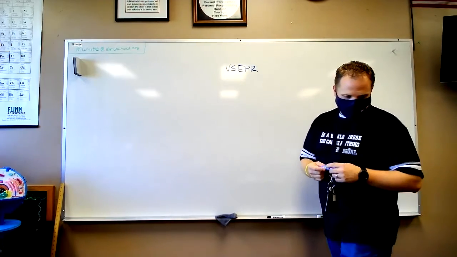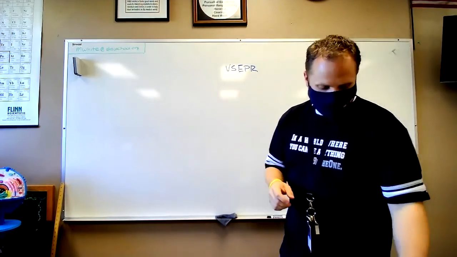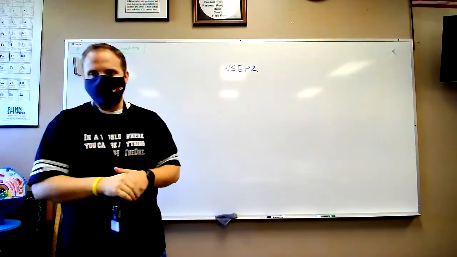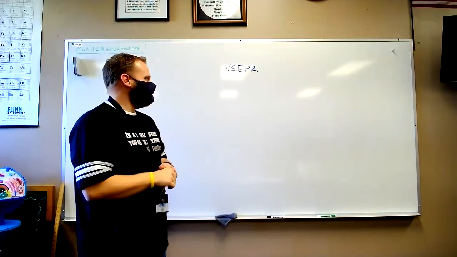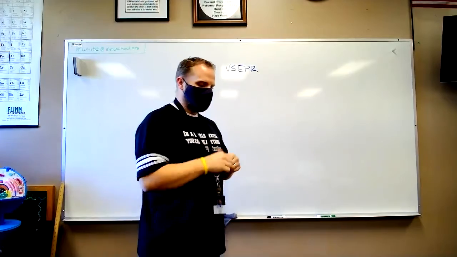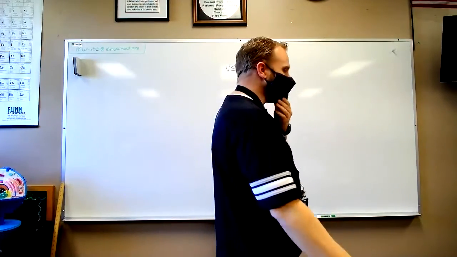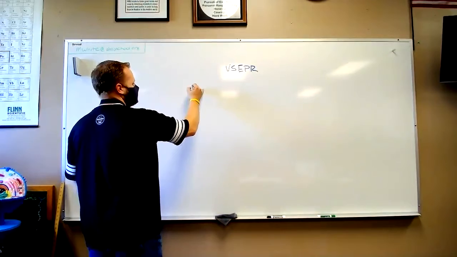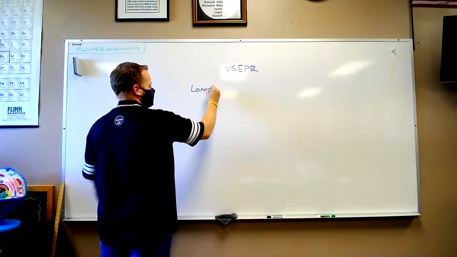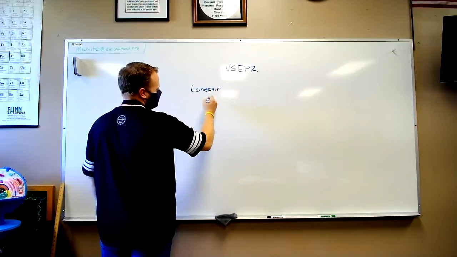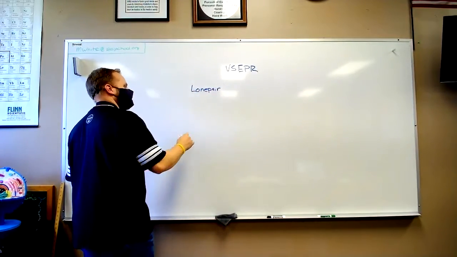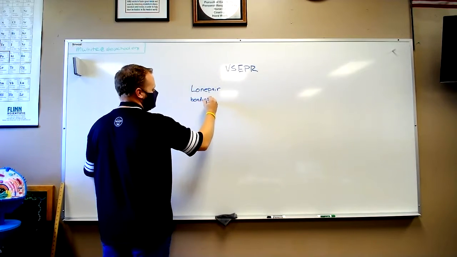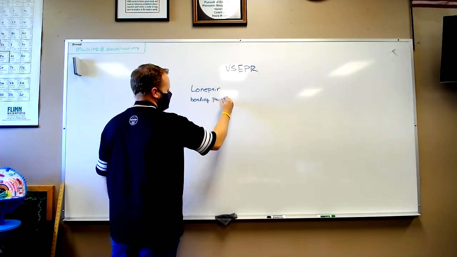In order to figure out what the shape of a molecule is, we need to have the Lewis structure, because we need to know how many lone pairs of electrons there are, and how many bonding pairs we have.